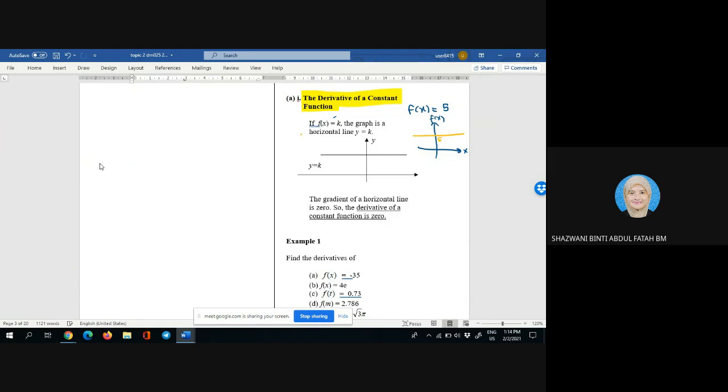That is what is meant here: the graph is a horizontal line. The gradient of a horizontal line is 0, because it is a straight line and has no slope. So when the gradient is 0, the derivative of a constant function is 0.